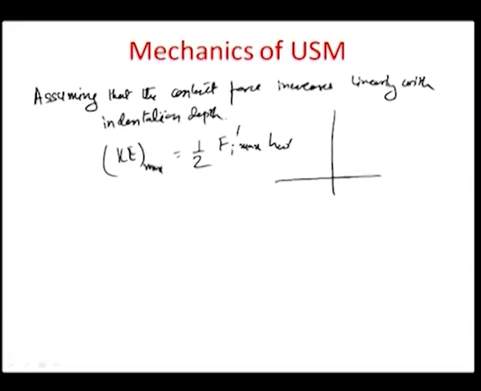If you remember the plot here. So, in this graph let us say we assume that Fi dash is linearly varying with respect to the depth of indentation Hw dash.